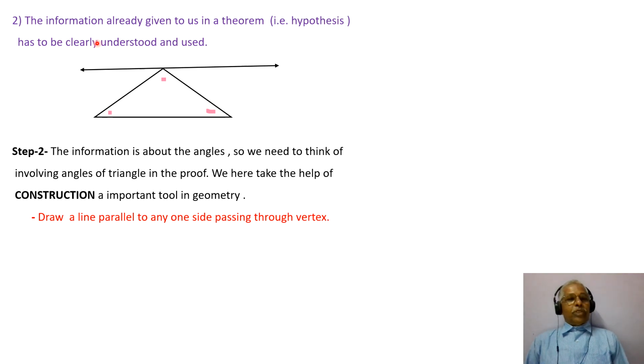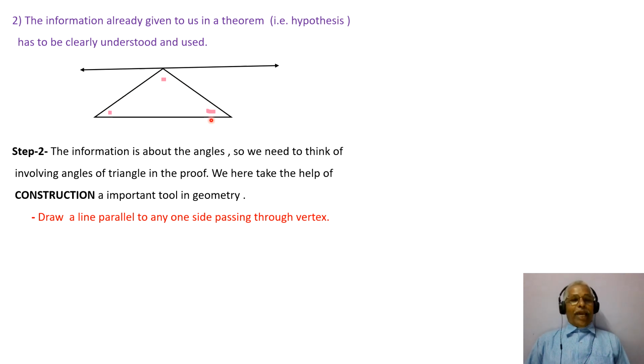Second one: the information already given to us in a theorem, that is the hypothesis, has to be clearly understood and used. We should have a complete idea of what information is given and how it has to be used. So we are making a statement and making a practical use of this statement in this proof. This is the triangle carried forward from the last slide.